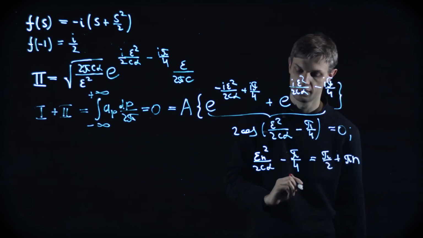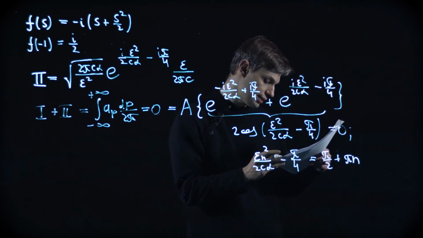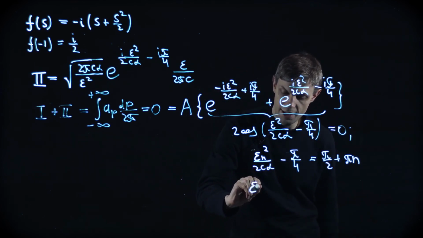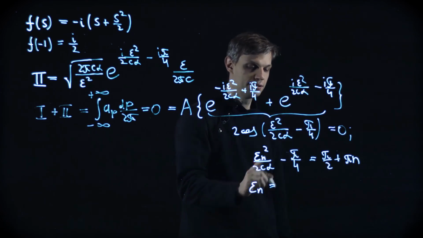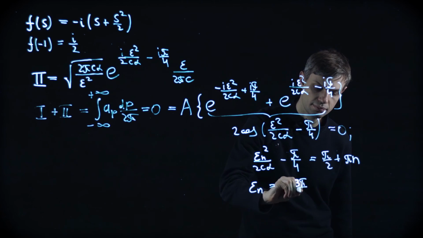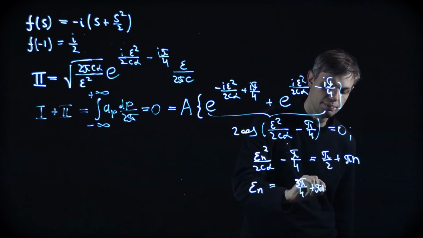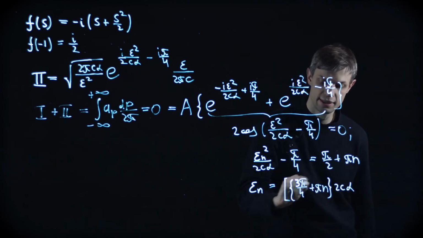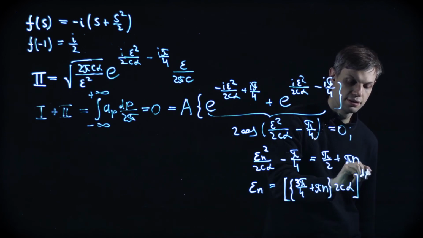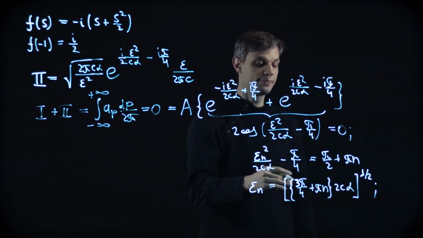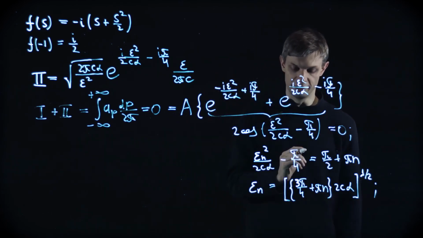Okay, and that's correct. So now epsilon n is equal to 3 pi by 4 plus pi n times 2C alpha to the power of 1/2. So these are our semiclassical levels for our problem.